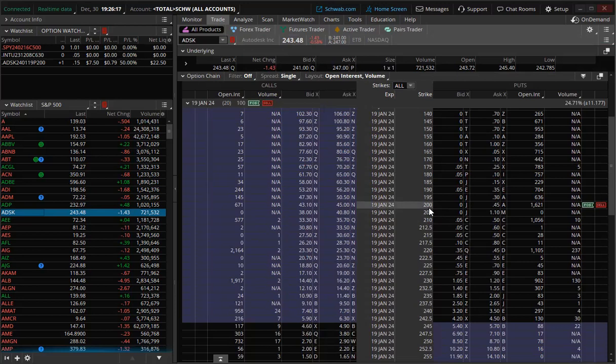And if nobody wants it all the way to January 19th, it may expire worthless because nobody bought it and I'm still holding it all the way to the end. Now, if you really want to get rid of it, you can lower the price from 45 or whatever you purchased it, but I try to stay away from things like this.